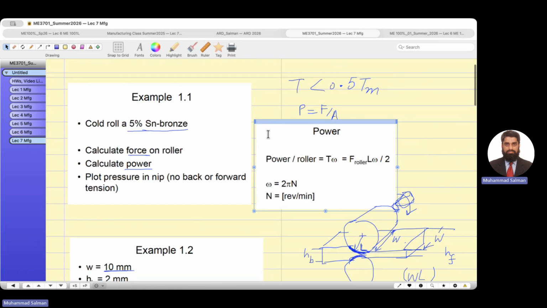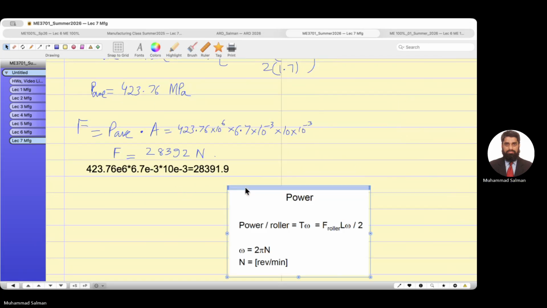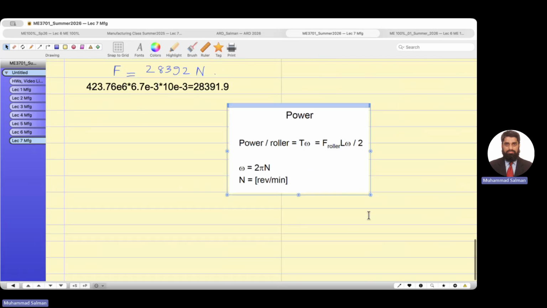Yes, you remember, power per roller is torque times omega. Torque equals force of the roller times the moment arm. So this is the roller and this is my radius and this is the L by 2 here. L by 2. This is the neutral point. We call this a nip point here.